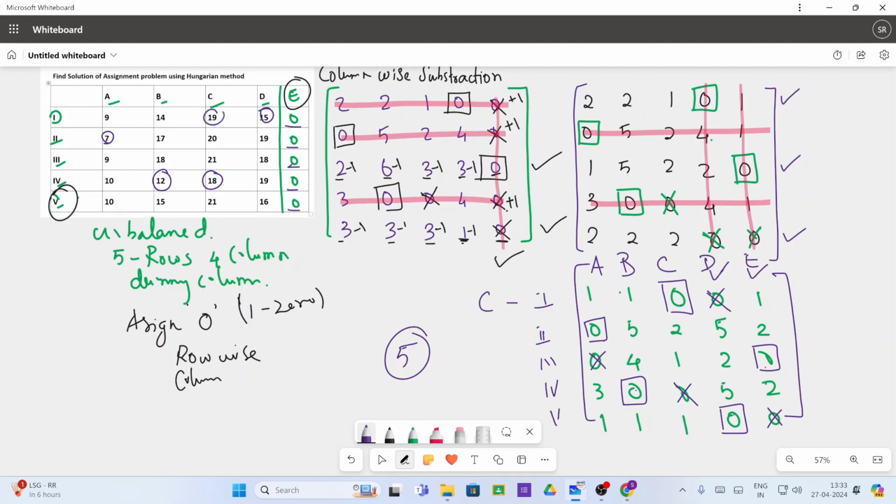You have to check it over here. At this particular place, the cost is 19.